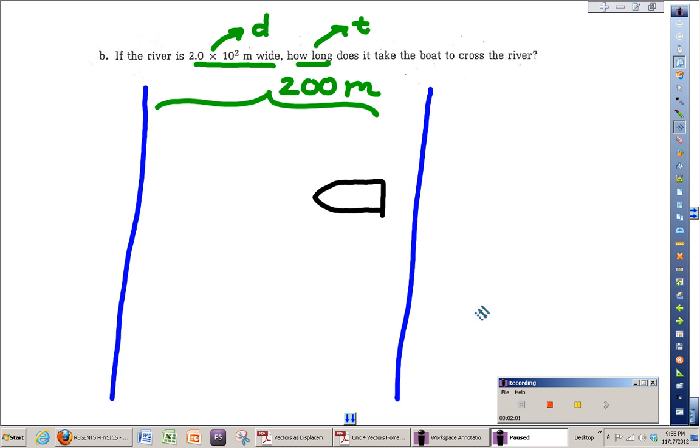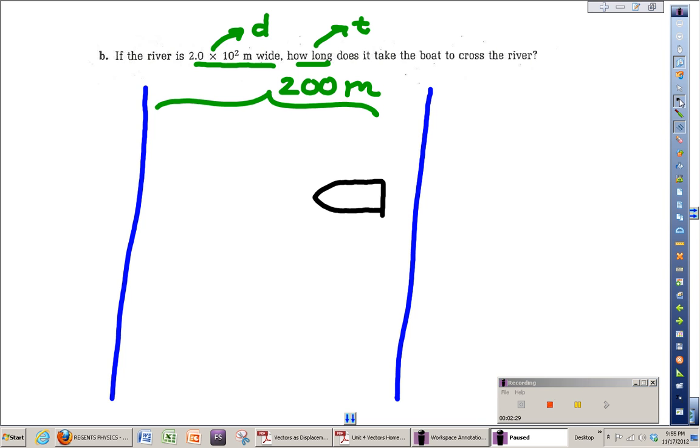For the next part of this problem, where it says if the river is 2.0 times 10 to the 2 meters wide, which if you convert, it's actually 200 meters, it wants to know how long does it take for the boat to cross the river. Well, by asking how long, they're asking for the amount of time it takes to cross the river, and by giving you the fact that it's 200 meters wide, they're giving you the distance that it travels.